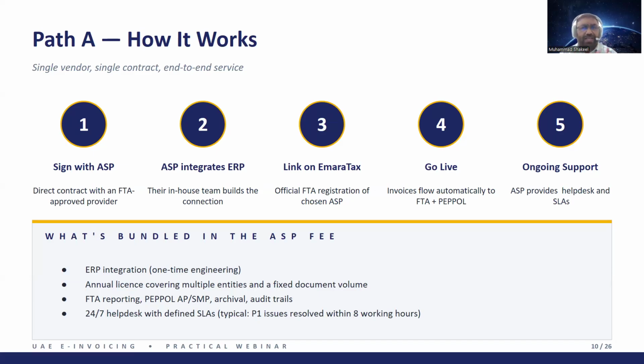Then you have to see the prices, which price is suitable. Different ASPs have different prices. I think there is no fixed fee set by the FTA, but different ASPs have different fees in this regard. So this is the way the ASP will work with you.